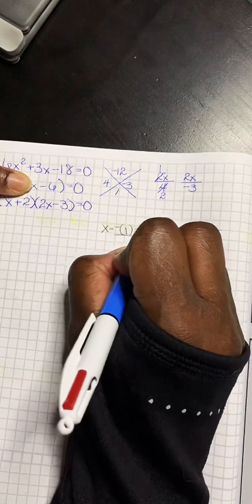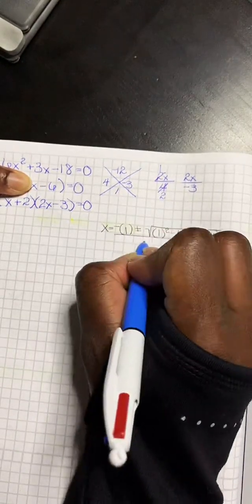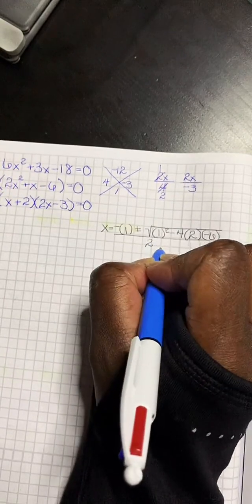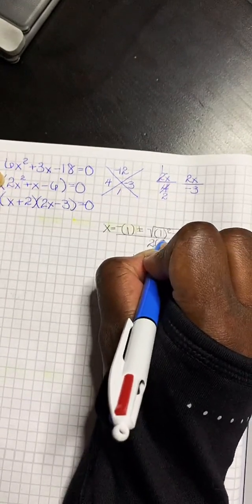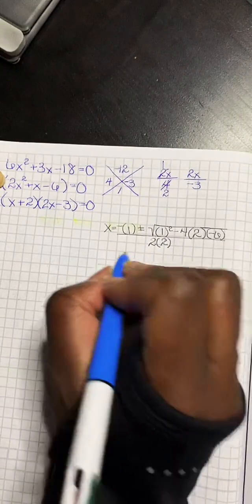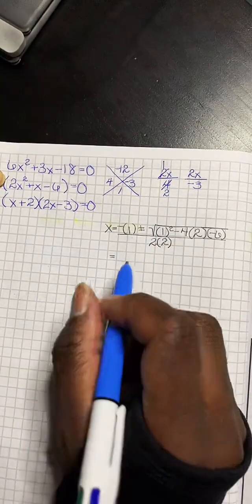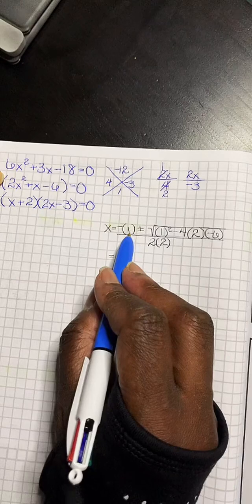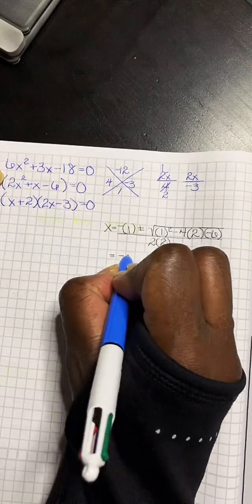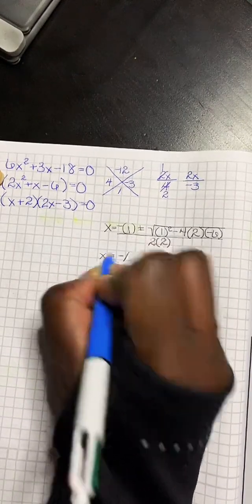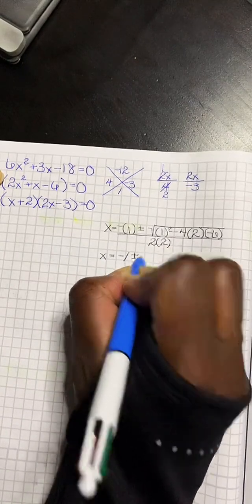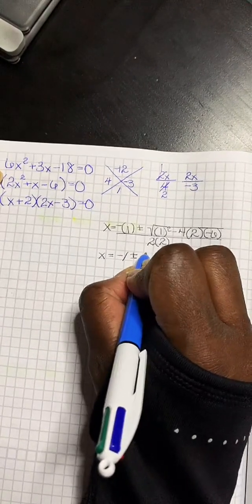And all of this is over 2 times my a, which is 2. So a negative times a positive 1 will give me a negative 1 plus or minus the square root.